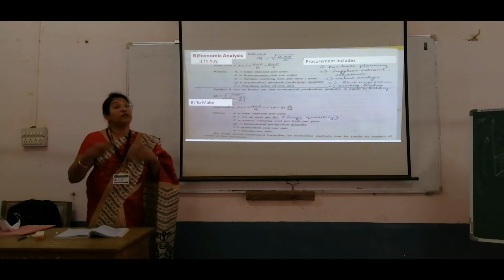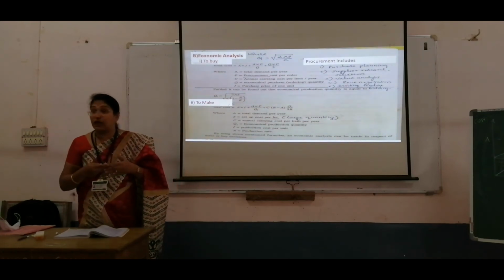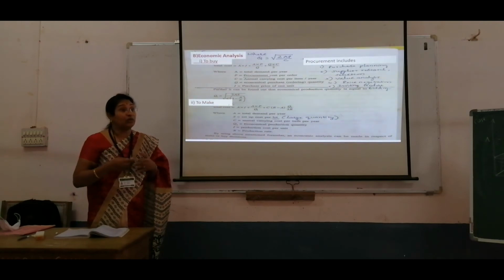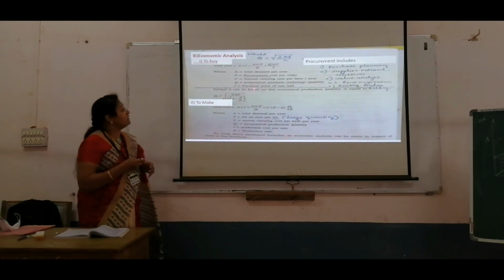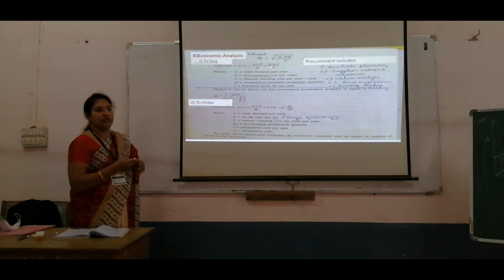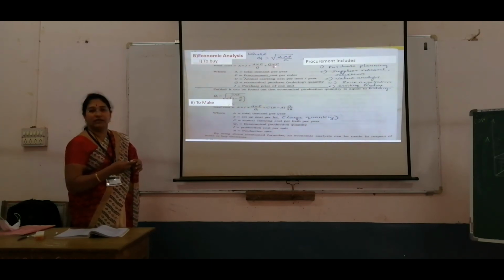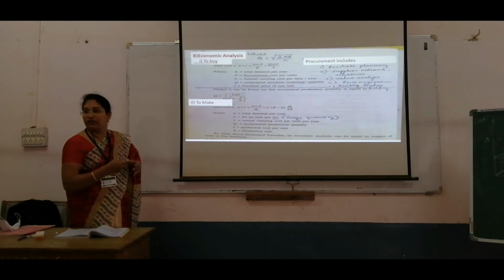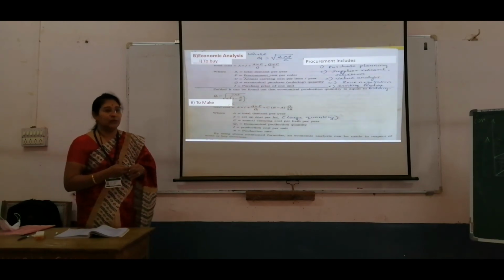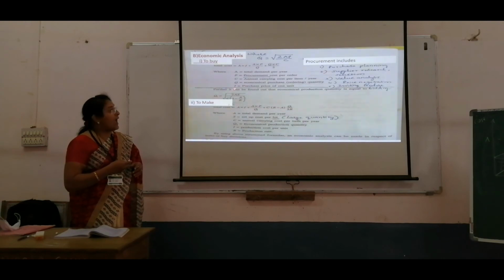So how much quantity do you purchase, transformers, 1 lakh or 10,000? That is the quantity, so that is Q, and it has a certain equation here: square root of 2AB divided by C. A, B, C are already defined here. Okay, next, I is the purchase price of 1 unit.